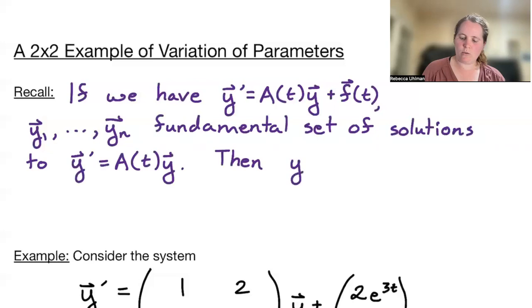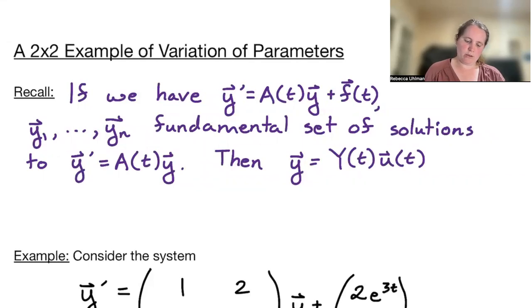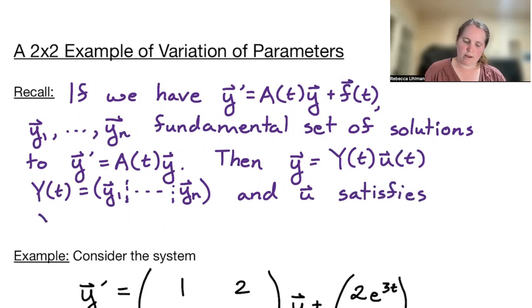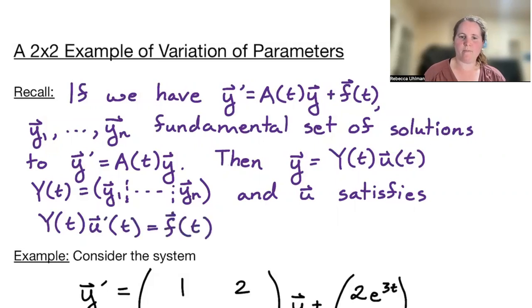we can take our solution y to be capital Y of t times u of t, being a vector, where capital Y is the fundamental matrix with first column y1 through last column yn, and u satisfies capital Y of t times u prime of t is equal to f of t.